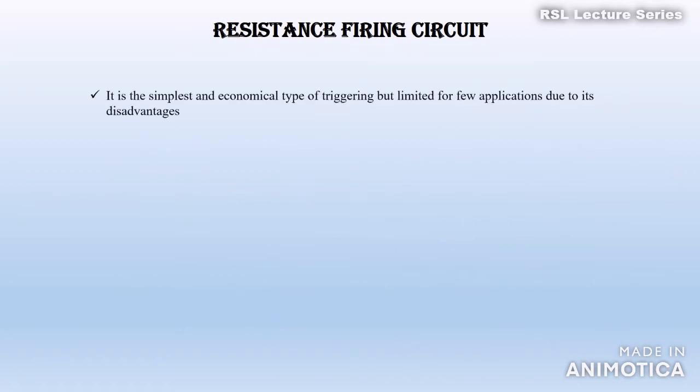This resistance firing circuit is the simplest and most economical type of triggering, but it has several disadvantages and has very few applications because of them. The triggering angle is limited to 90 degrees, that is, the SCR can be triggered only from 0 to 90 degrees.